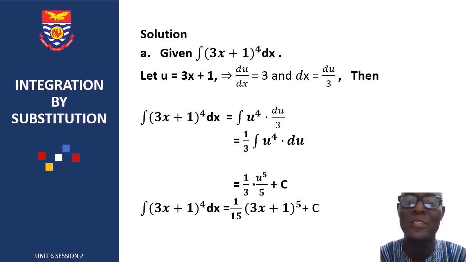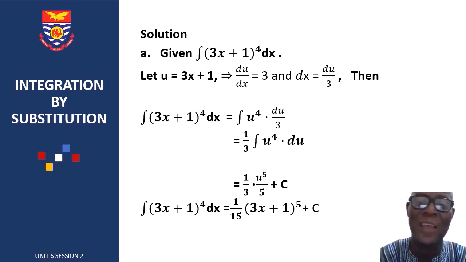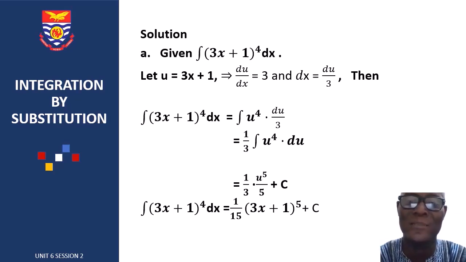Now, integrating u^4, we increase the power by 1, dividing by the new power, which gives u^5 divided by 5, then multiplying by 1 over 3, which gives u^5 over 15 plus c, or 1 over 15 u^5 plus c.